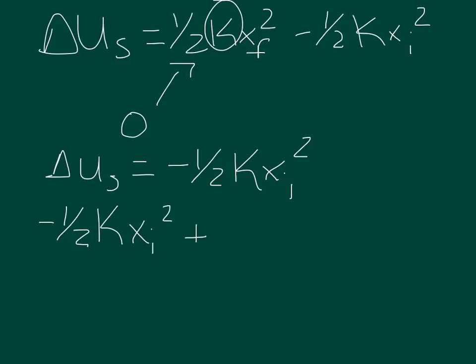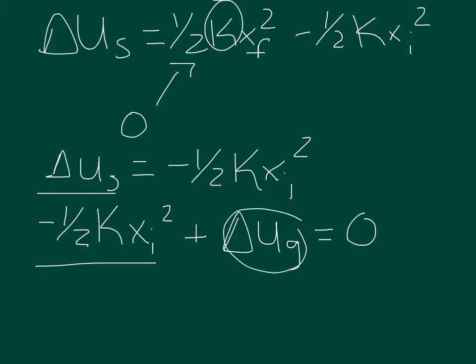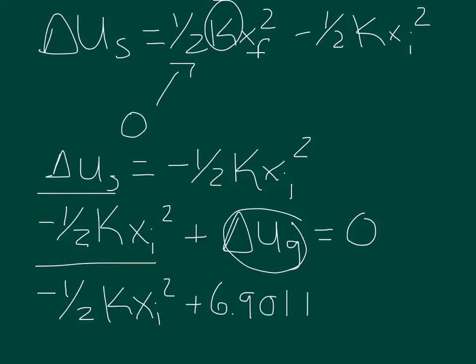If we take our delta U_S and add it to our delta U_G, remember we said that should equal 0. Well, we just found delta U_G, so we can say negative 1/2 k x_i squared plus 6.901 joules should equal 0.